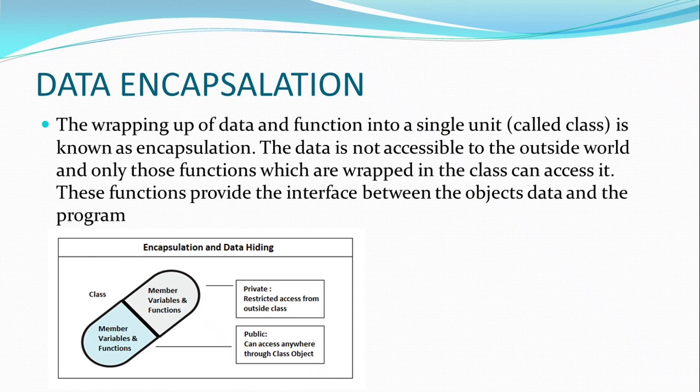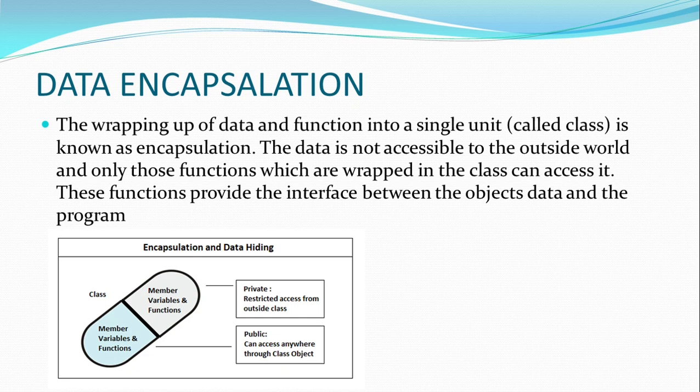A simple example is filtration: we keep the essential things and filter out the unwanted features. Encapsulation is the same. These functions provide the interface between the object's data and the program. A simple diagram shows encapsulation and data hiding.